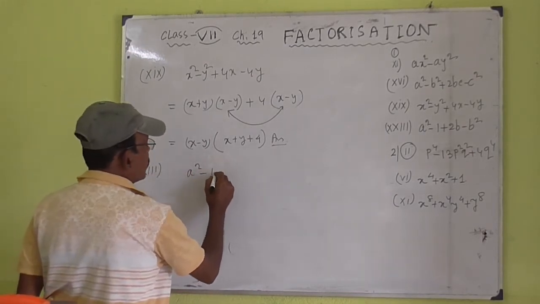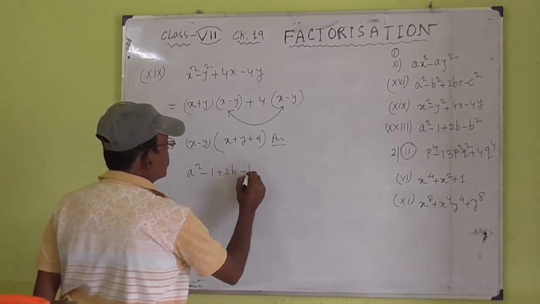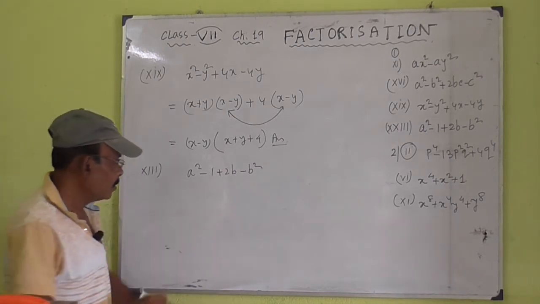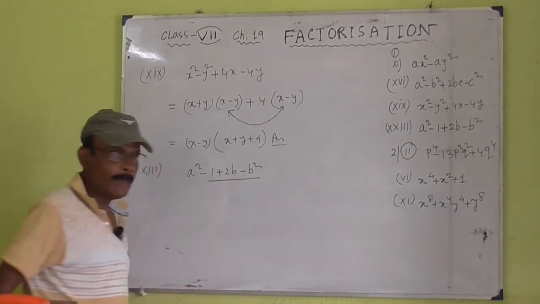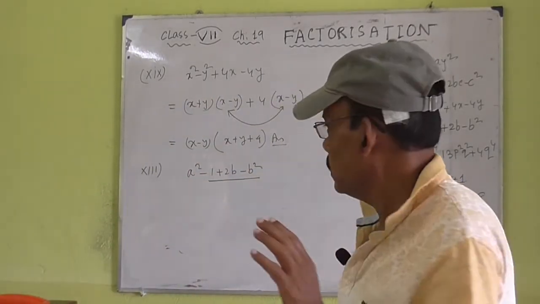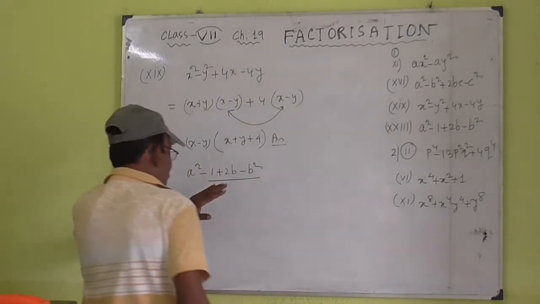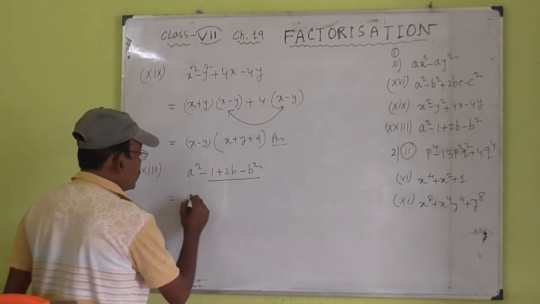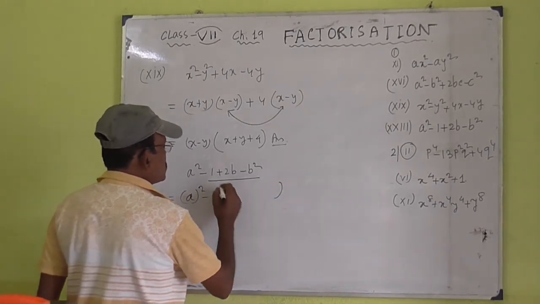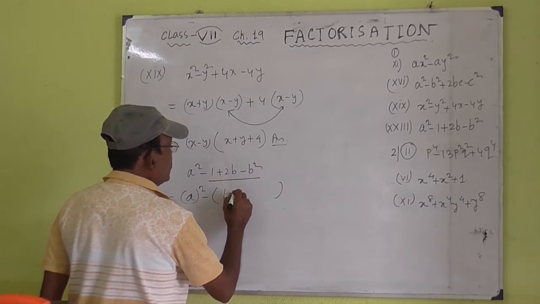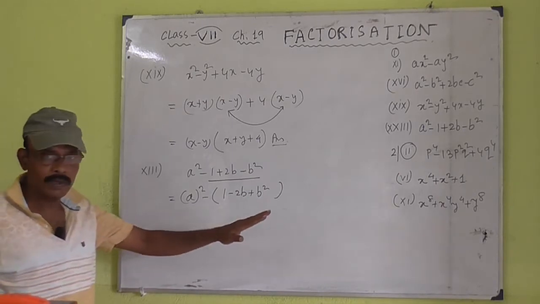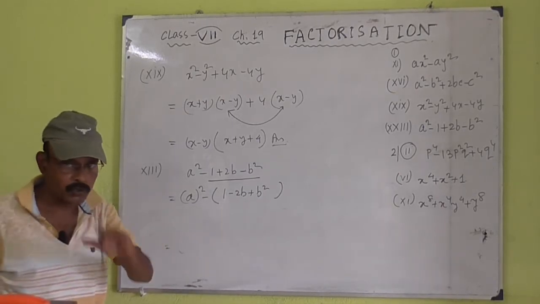Clear? Now the next sum. a square minus 1 plus 2b minus b square. Here we see that this portion may be a square form, but here if we take common 1, so inside the bracket this sign will be changed, and this will form a formula of a minus b whole square.